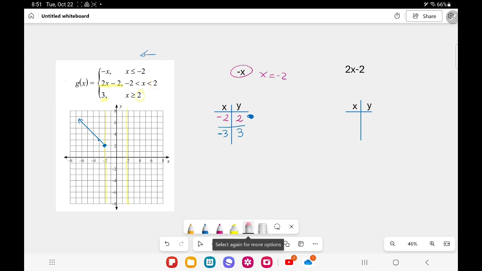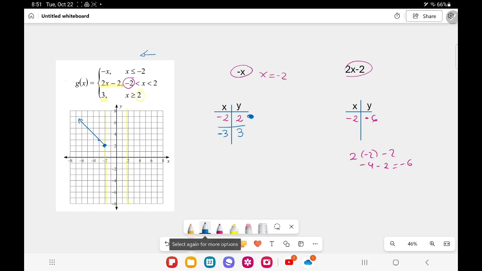Now we move to the second one. The rule says 2x minus 2. I will evaluate at the boundaries, or restrictions, when x is negative 2. So when x is negative 2, let's do it below. 2 times negative 2 minus 2, negative 4 minus 2, negative 6.